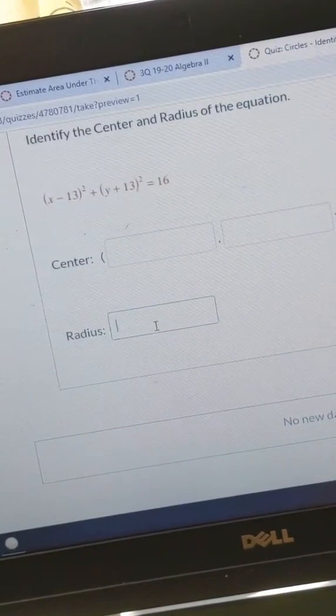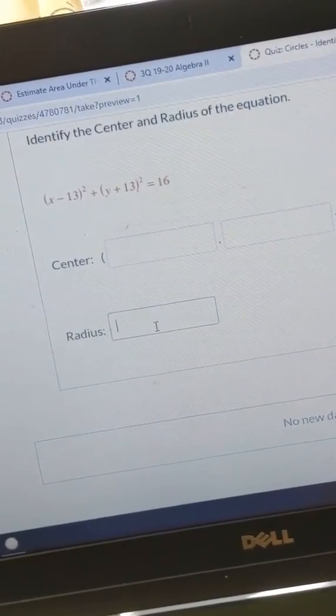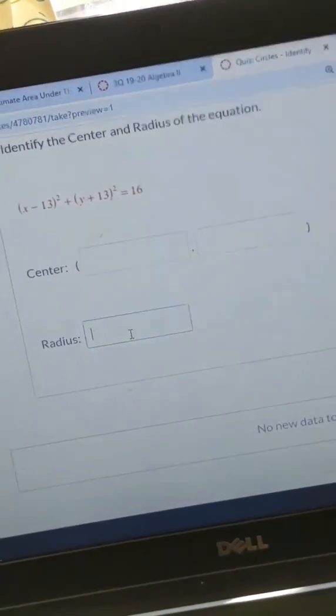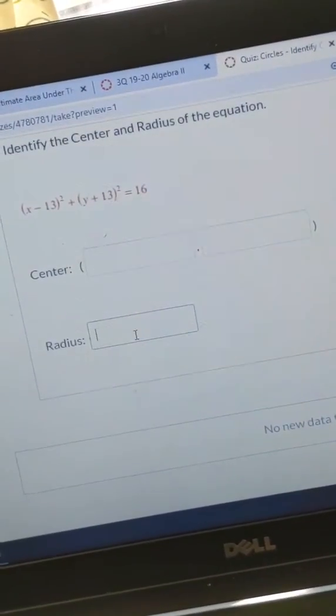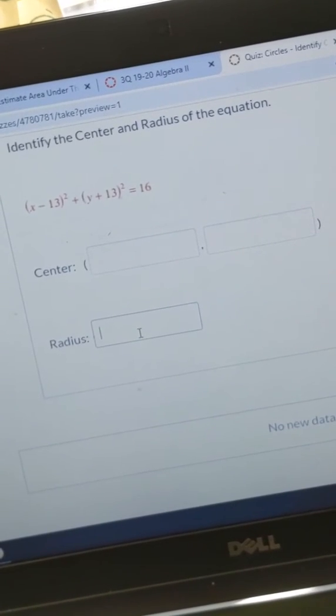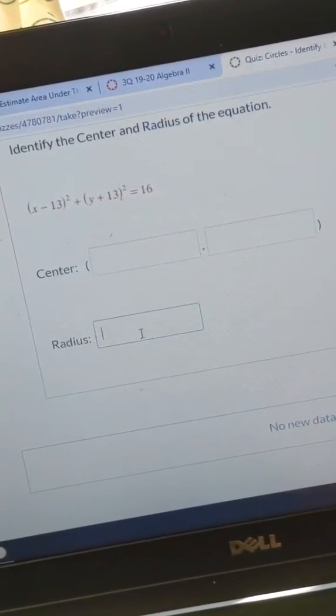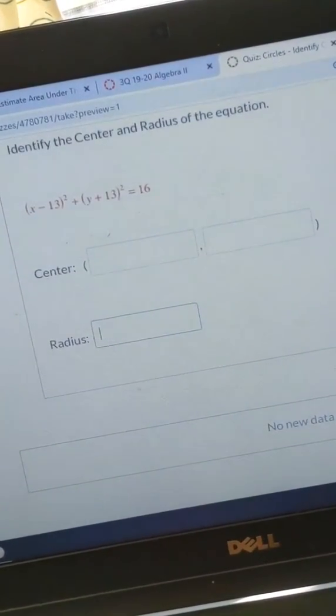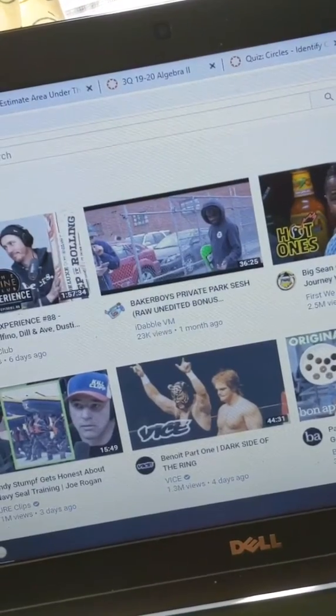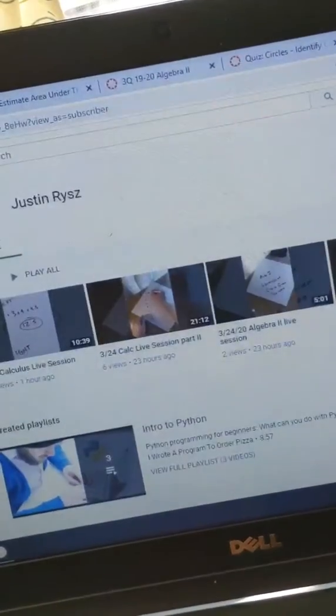So are you posting these on YouTube? If so, what's the channel name? Yeah, I post these on YouTube. What I do is after I'm done recording here, I save this to my story, and then I upload that story video to my YouTube channel, and I post that link on Canvas. So the YouTube channel is, I don't even know what the name of it is. Good question. I think it's just called Justin Rysz.